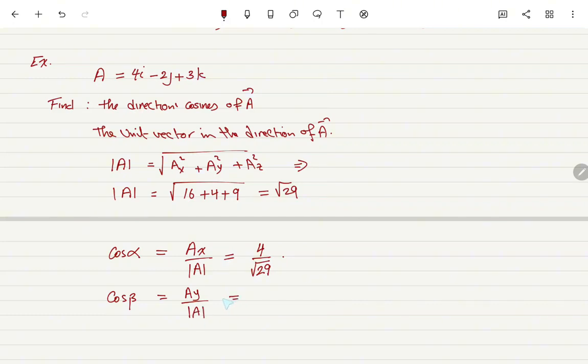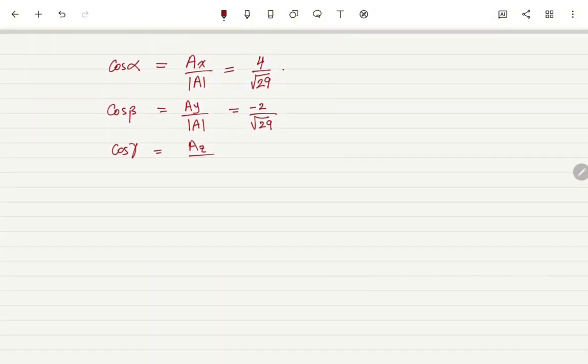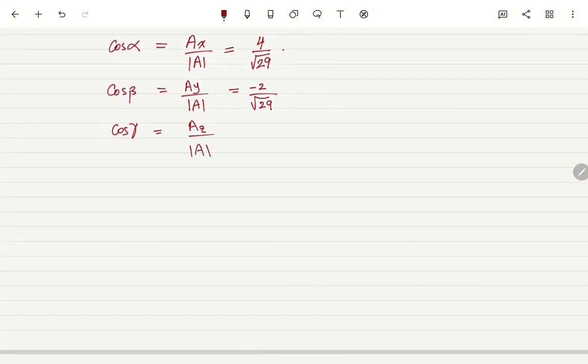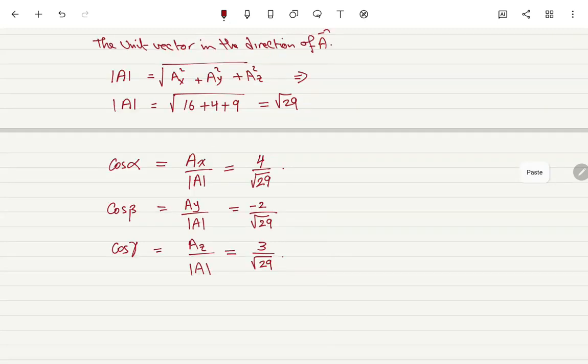Now ay is minus 2, so minus 2 divided by square root of 29. Following the same procedure, cosine gamma equal to az divided by the magnitude of a, which is 3 divided by square root of 29.